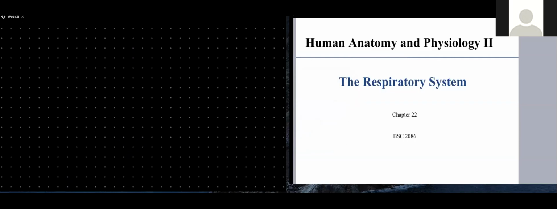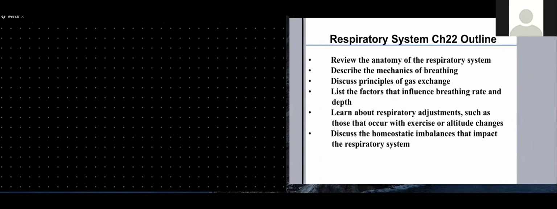All right, welcome back. So today we are starting our discussion of the respiratory system. In this chapter, we are discussing the anatomy of the respiratory system, the mechanics of breathing, and the principles of gas exchange, how the gas is going to be transported from one side to another.